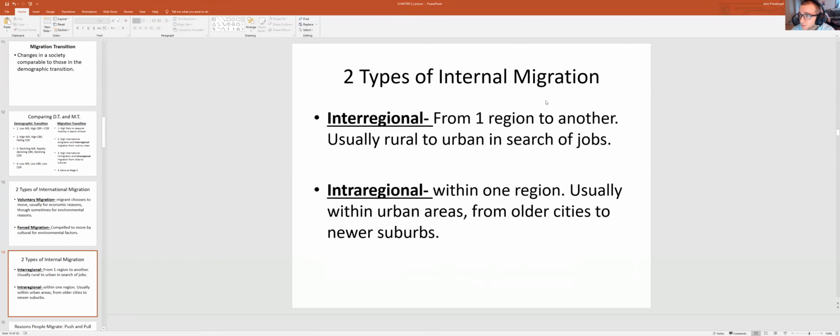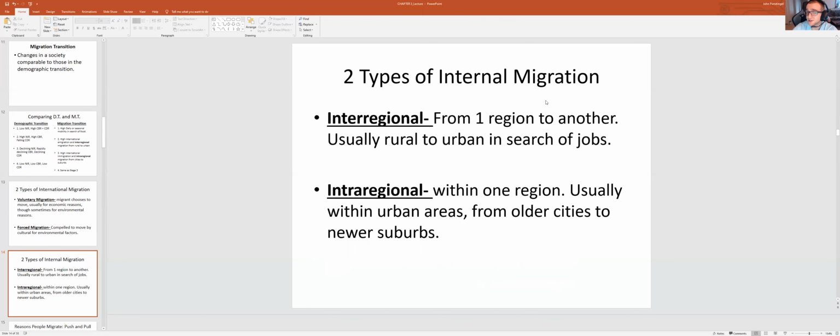For example, if you're moving from the southwest to the northeast, that's an example of interregional migration. But intra-regional is moving within the same region. So, for example, if you live in Hill Country, Texas, and you say, I moved from Austin to San Marcos for a job, that would be considered intra-regional because you're not leaving the same region in which you originally lived.